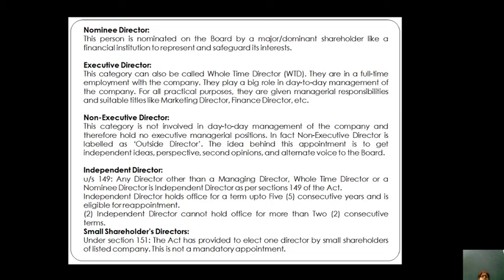Nominee director. Executive director, this category can also be called full-time director. They are in full-time employment with the company. They play a big role in the day-to-day management of the company.